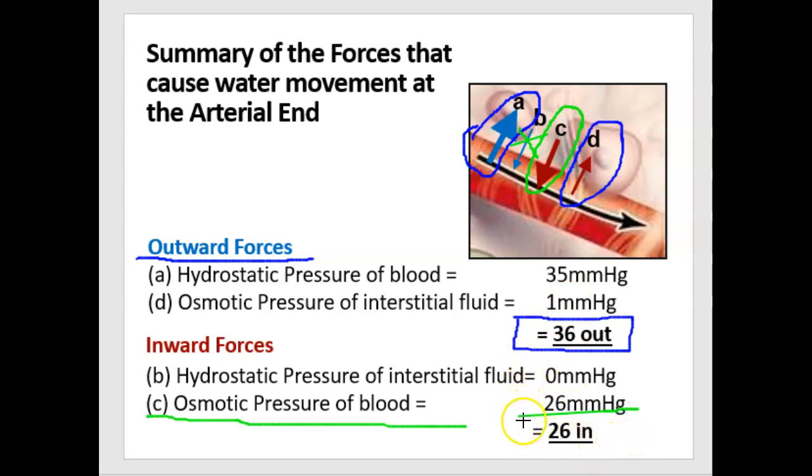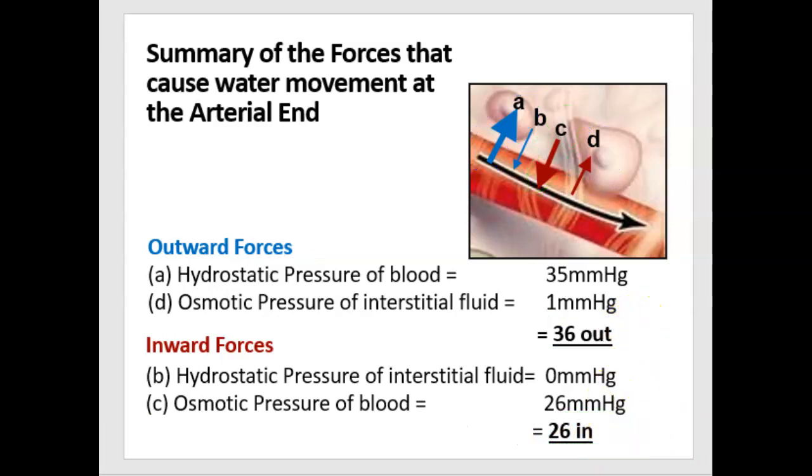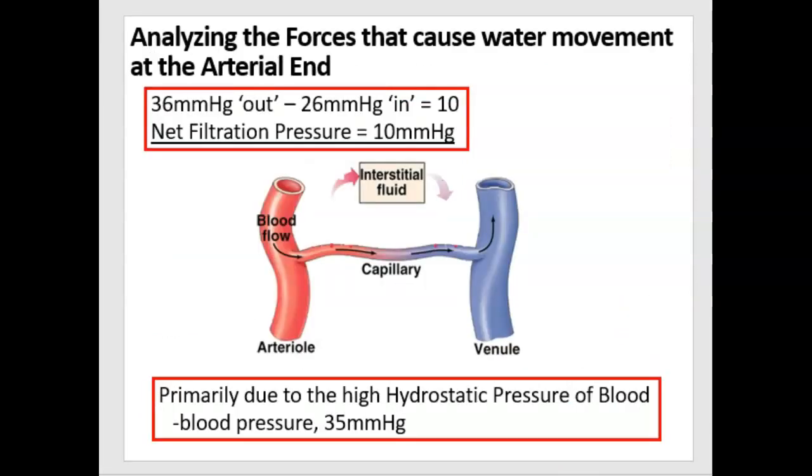So in total, the inward pressure for water to go back into the blood is 26 millimeters of mercury. And so outward minus inward leaves us with a net outward movement of fluid at a pressure of 10. So the net filtration pressure at the arterial end of a capillary bed is 10 millimeters of mercury.